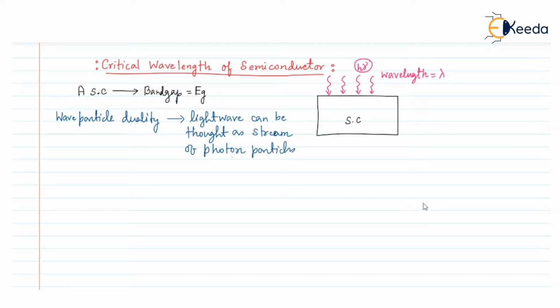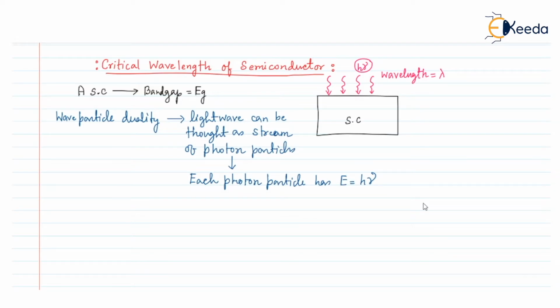And each photon particle will have an energy E equals h nu, where nu is the frequency of the light. Now these photon particles will be absorbed by this semiconductor, so the photon particles' energy will also be absorbed inside the semiconductor.